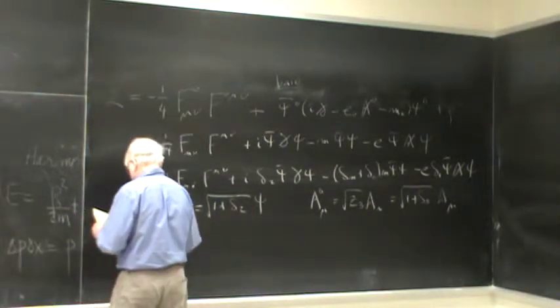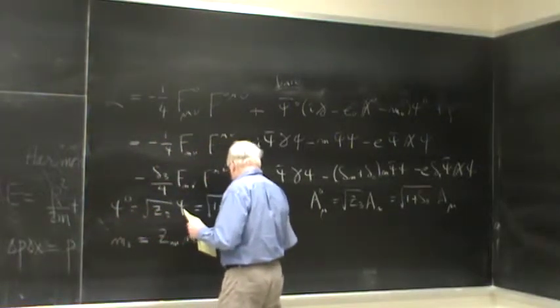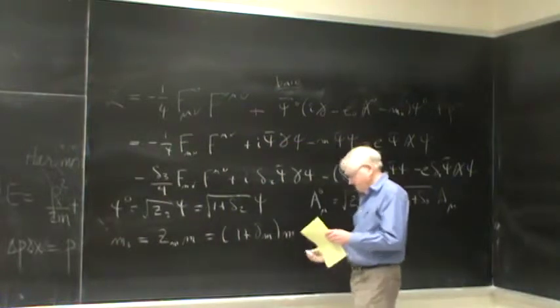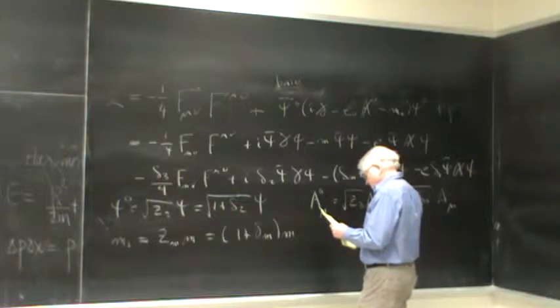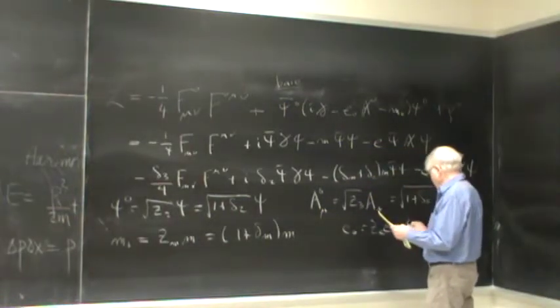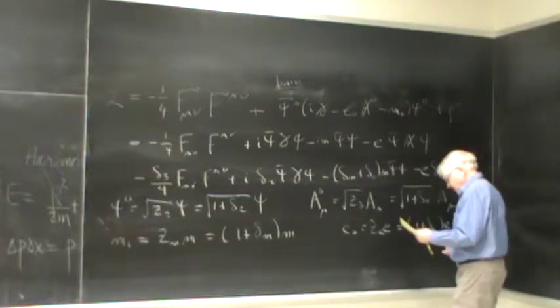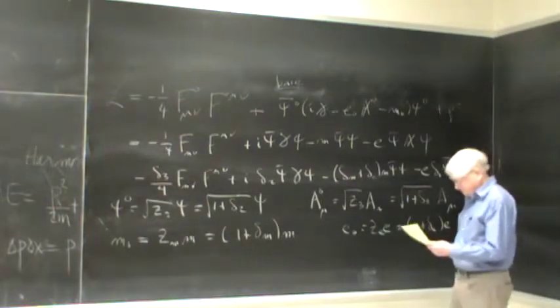m0 is Zm times m, which is 1 plus delta m times m. m is the mass of the electron. e0 is Ze times e, which is 1 plus delta e, e. Okay.